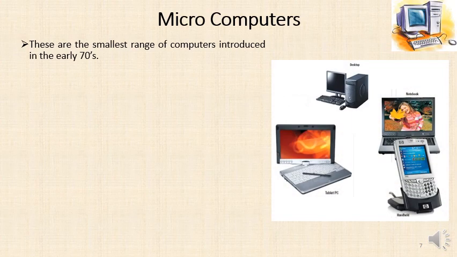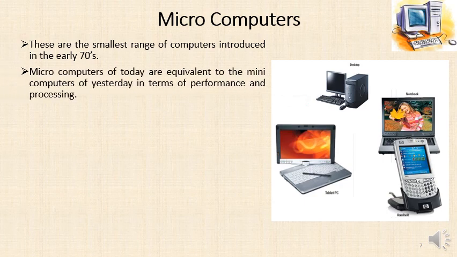The fourth category of digital computers, which are the most widely used computers, is microcomputers. These are the smallest range of computers, introduced in the early 70s. Microcomputers of today are equivalent to the minicomputers of yesterday in terms of performance and processing.